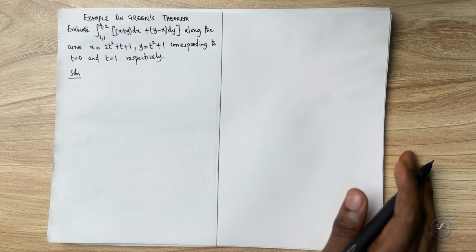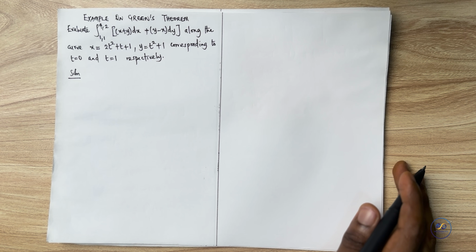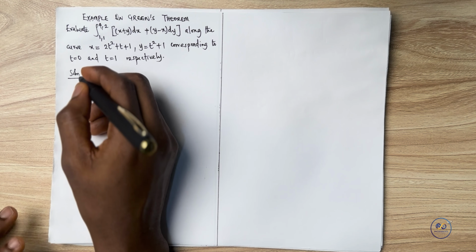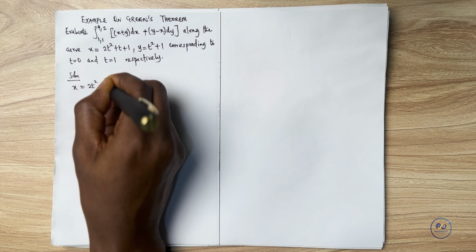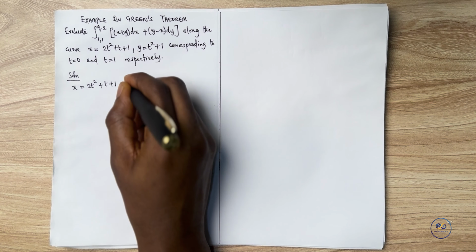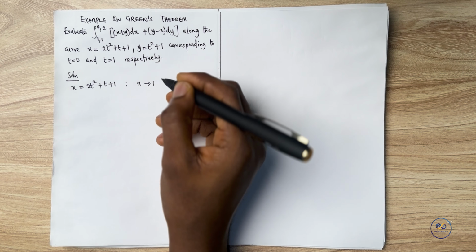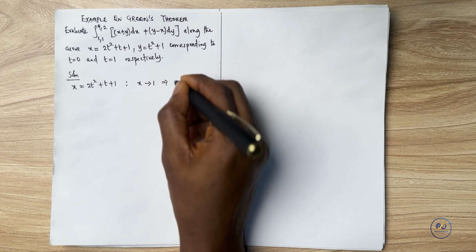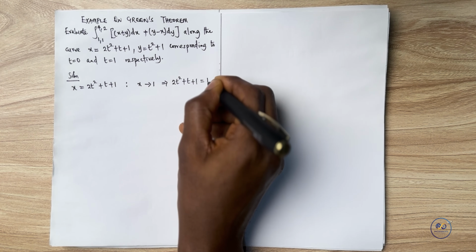Now let's begin. In this case, the very first thing we want to do is evaluate what the values would be at the original bound, right? So you have x equals 2t squared plus t plus 1. Now, evaluating this as x tends to 1, if we put that into this, you are saying that 2t squared plus t plus 1 equals 1.